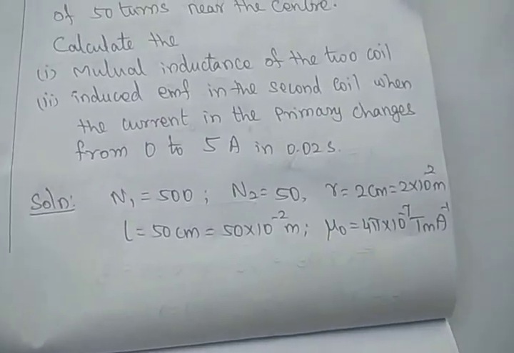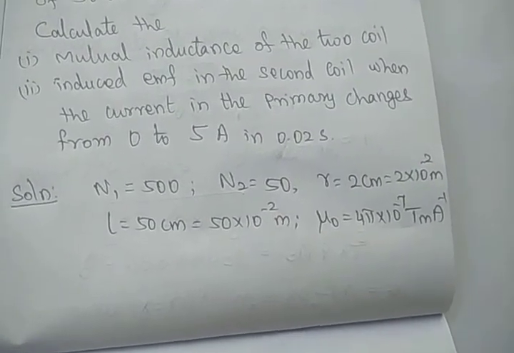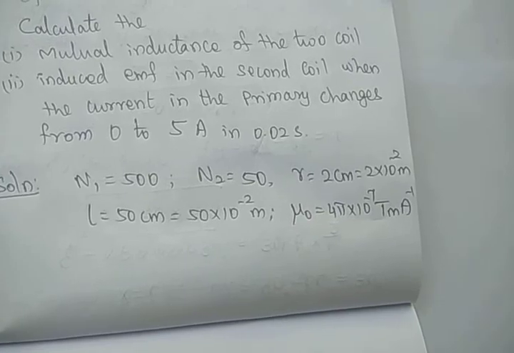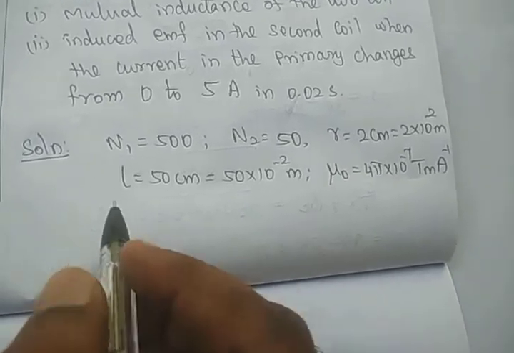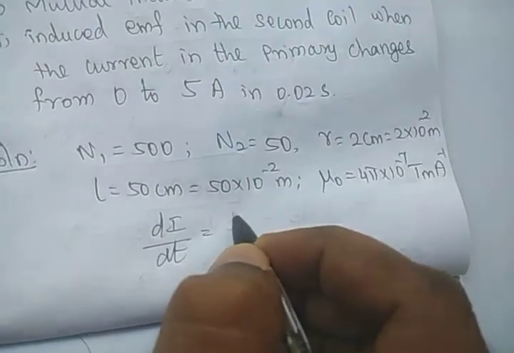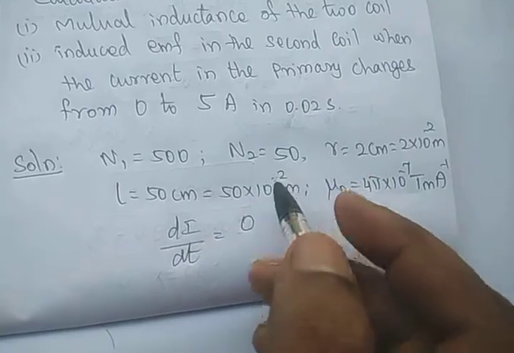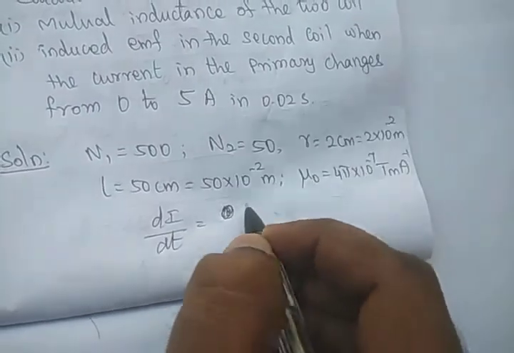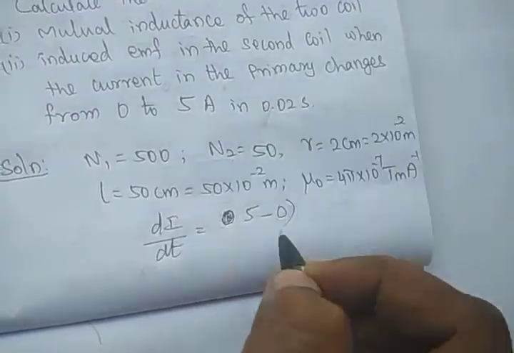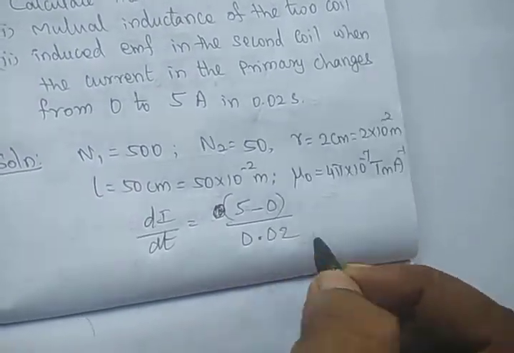Then the second question is to calculate the induced EMF in the second coil due to the current flow in the primary coil. The change in current is dI by dt, where the current changes from 0 to 5 ampere. That is, the maximum current is 5 ampere and the minimum current is 0, and the time is 0.02 seconds.